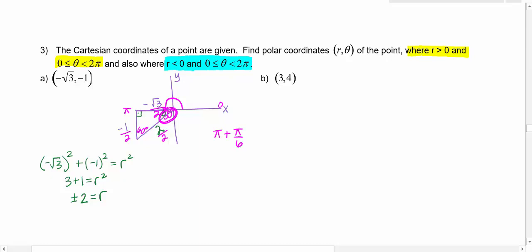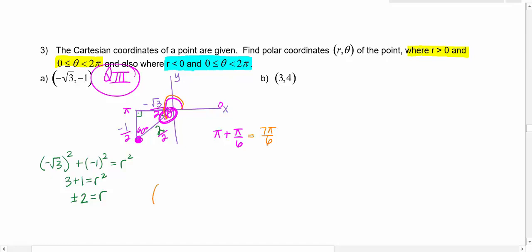And before I go too far, I should say that I think it is really important to note, just like we did before, what quadrant we want to end up in. And surely, based on my triangle and where this point is, I want to end up in quadrant 3. So I think my angle is going to come from pi plus pi over 6. And so that would be 7 pi over 6.